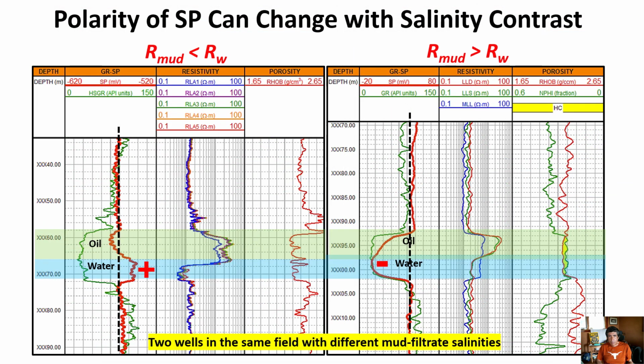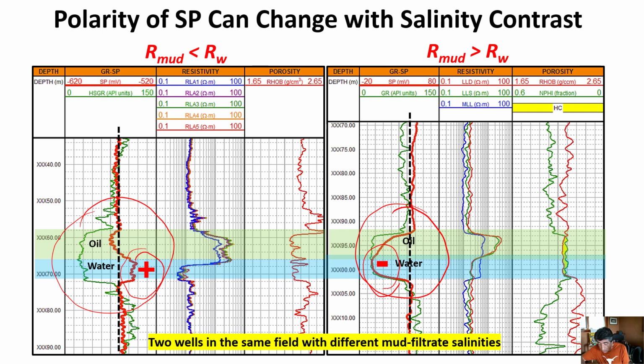Here's an example in the field, showing two wells in the same field drilled with different muds. In the two cases, we have the same sandstone development intersected by different wells. But what we see here is that in one case, with respect to the shale baseline, the spontaneous potential is positive, whereas in the second case, with respect to the shale baseline, spontaneous potential is negative. Why?